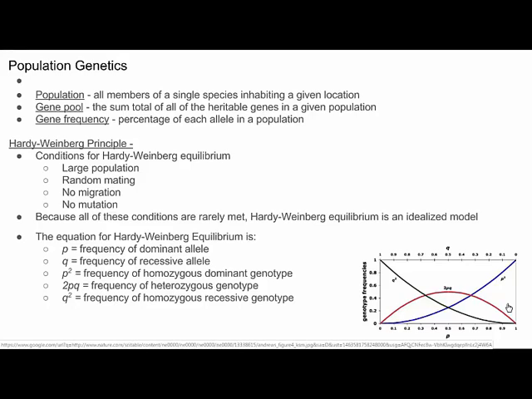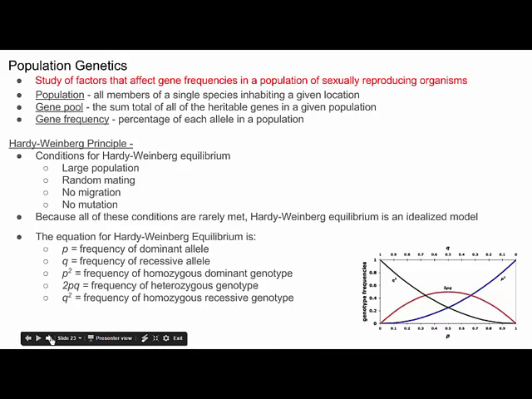So this term population genetics refers to the study of the genes present in an entire population of organisms. Okay? We can look at a population as a whole and try to study the patterns of the various genes that are contained within that population.